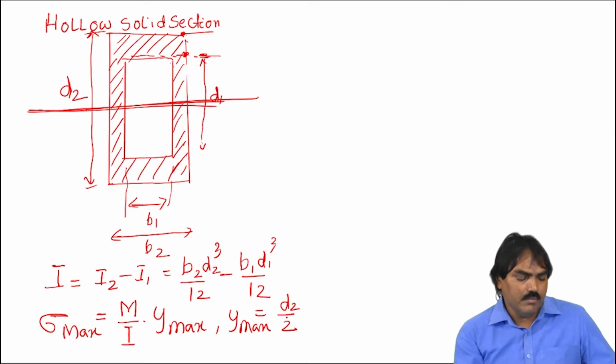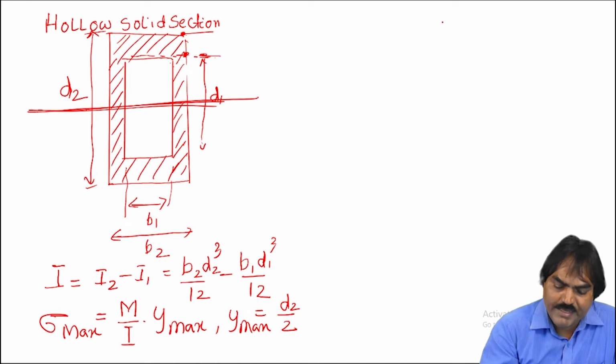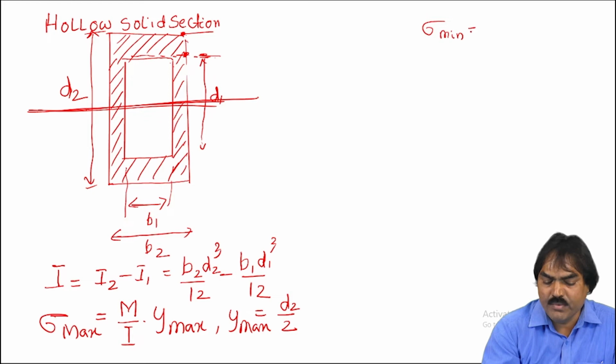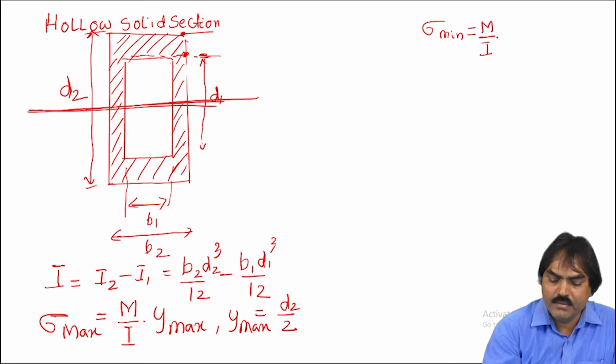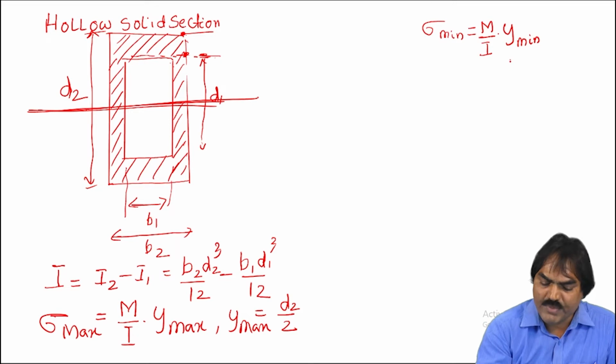This is the distance Y max. Similarly, the minimum bending stress, sigma minimum, is given by M by I into Y minimum. What is Y minimum here?